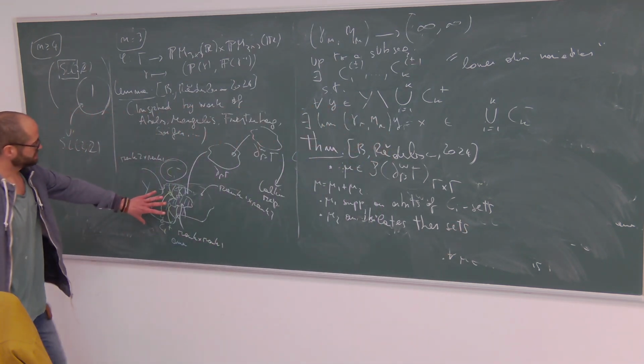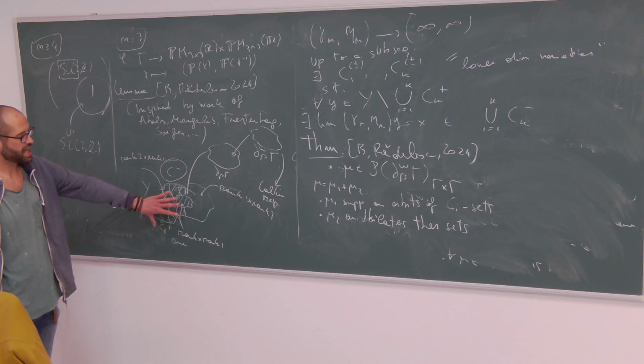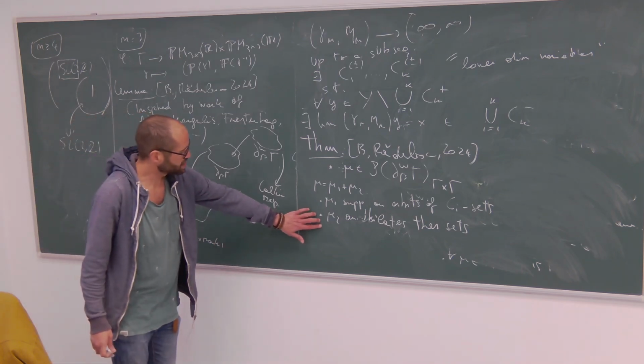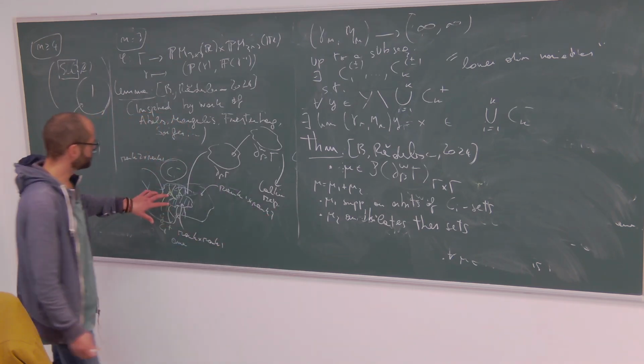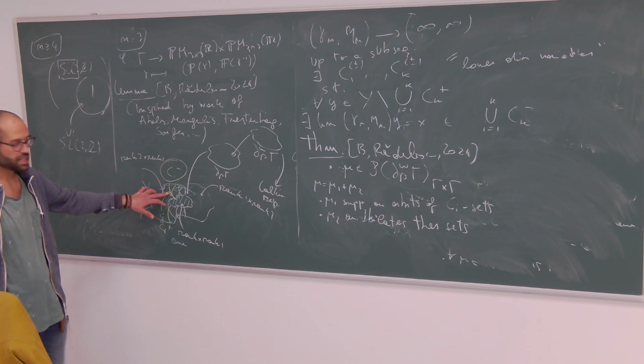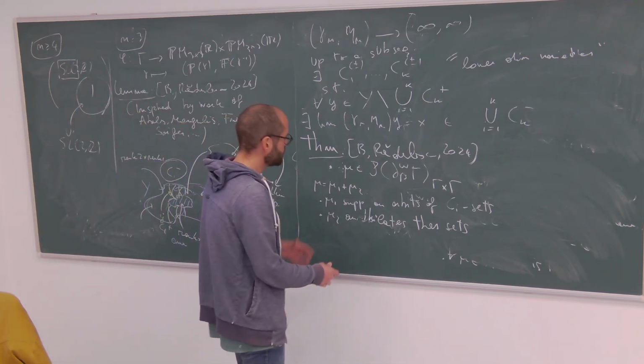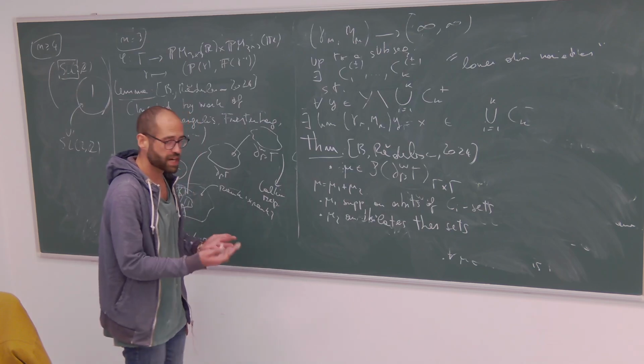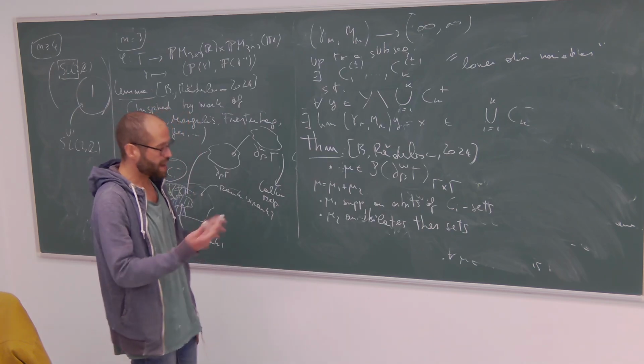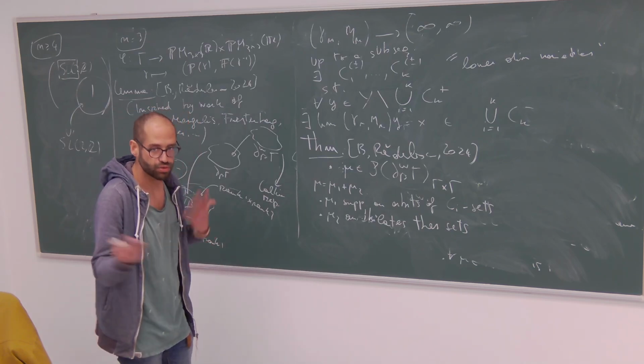From the dynamical considerations that we had, we see that if a quasi-invariant measure gives measure 0 to all these sets, it means exactly that when we look at the Koopman representation, the matrix coefficients will go to 0.